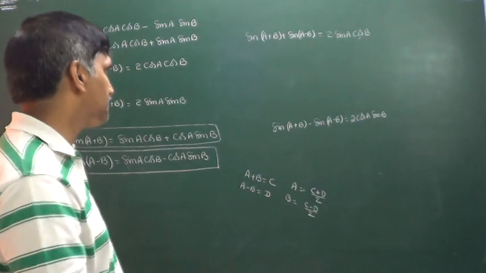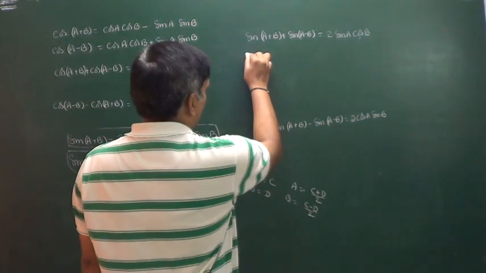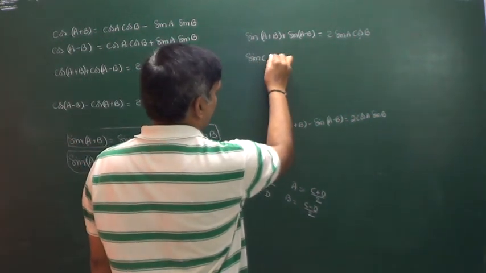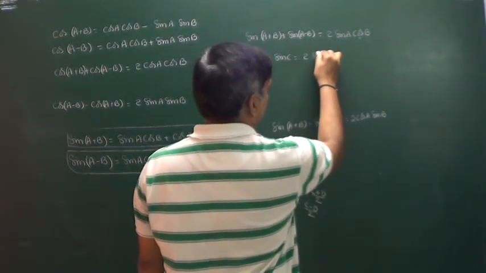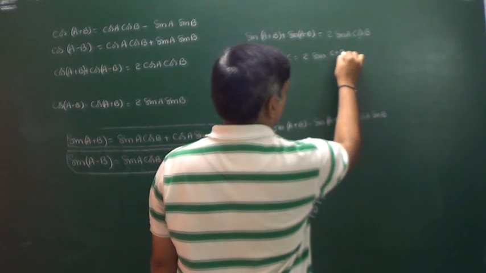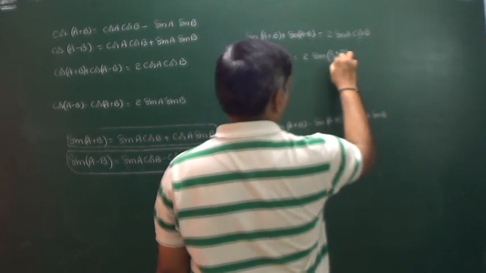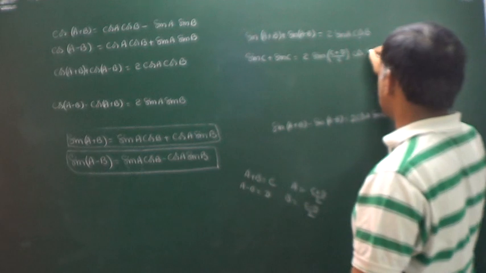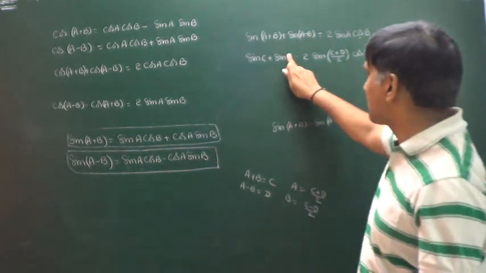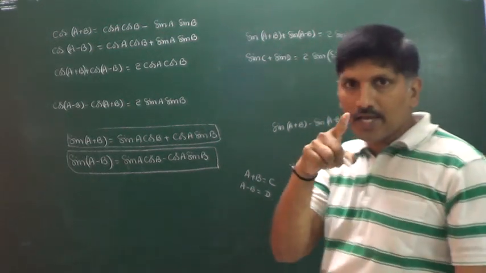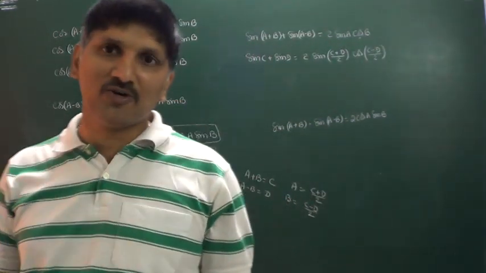Pay attention here. The first one is sin C + sin D is equal to 2 sin((C+D)/2) cos((C-D)/2).